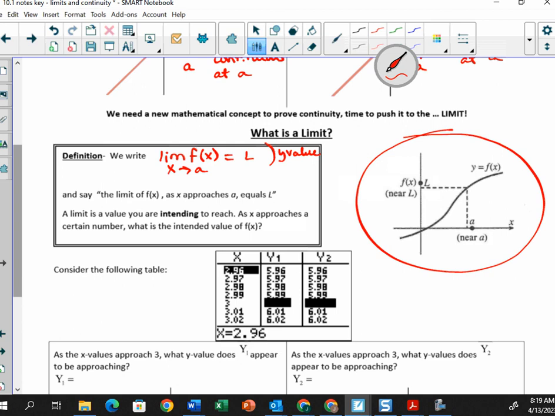So you're looking at a graph and saying, as I close in on this x value, what y value am I getting closer and closer to? It's all about what you're approaching. It doesn't have to be what it equals at that exact point. It's what you are getting really, really close to from either side.